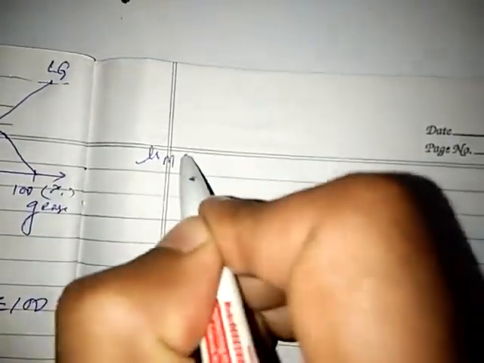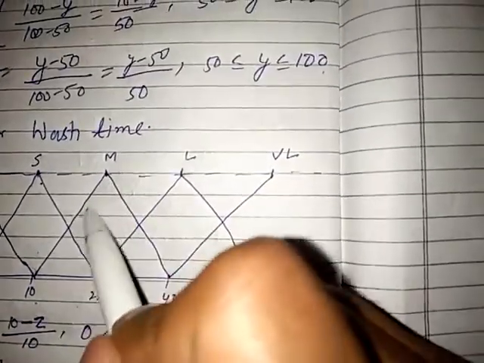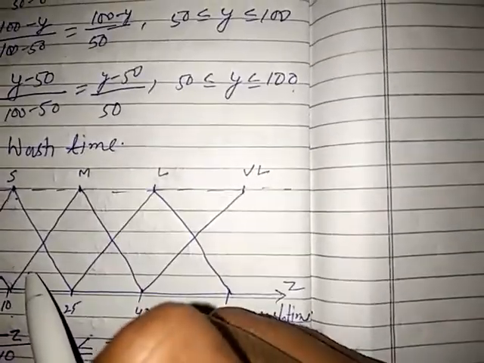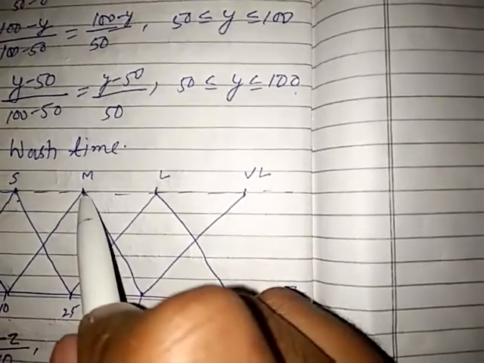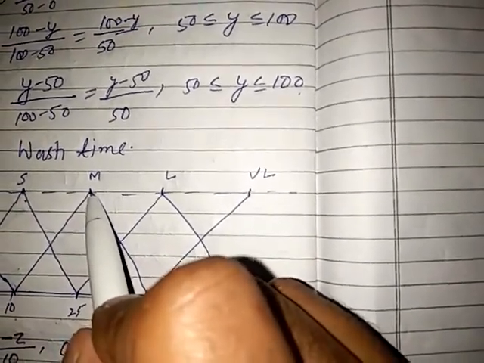Now we have to similarly calculate the membership function for the medium, then large, and then very large. We have to now write the membership function for the medium, and it again gets two membership functions.